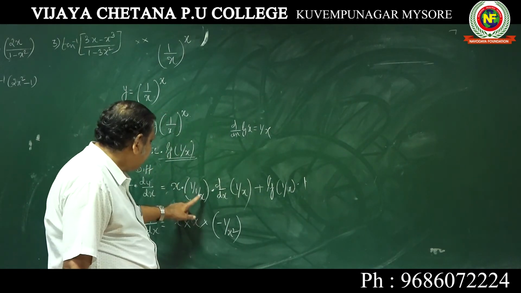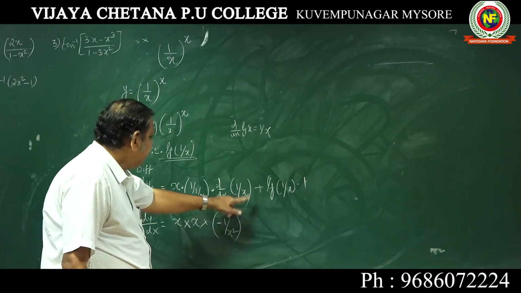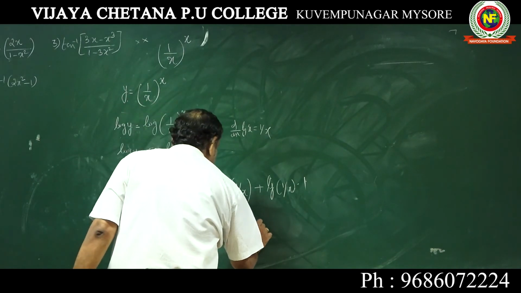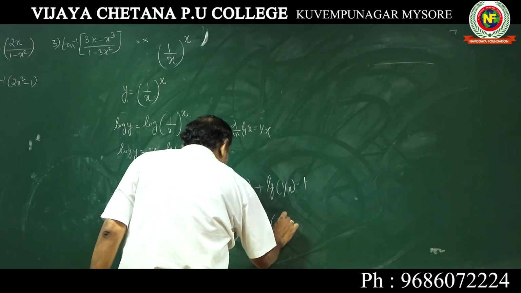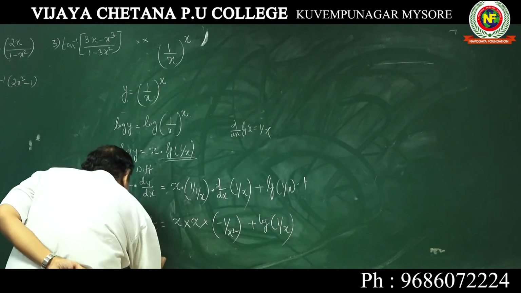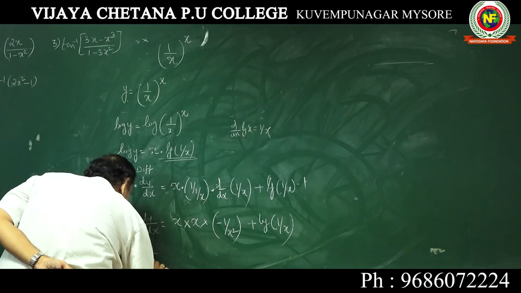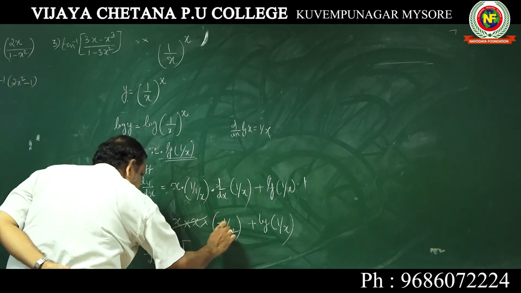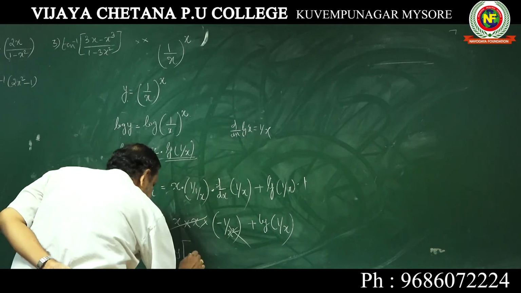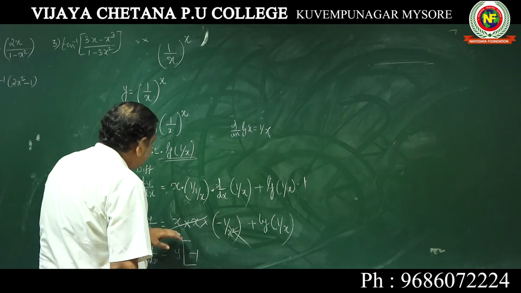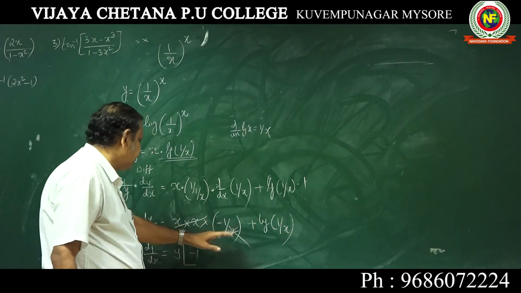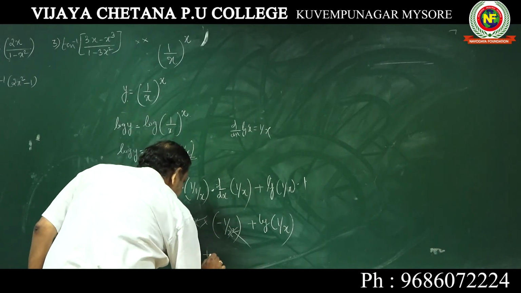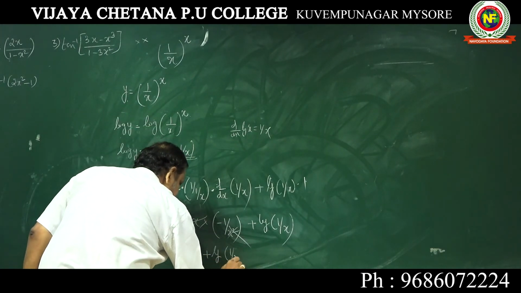Very important here, the x will go up. d by dx of 1 by x, minus 1 by x square, plus log 1 by x. So dy by dx is equal to y into, here x square will go away, only minus 1 is remaining, x into x square minus x square, minus 1 plus log 1 by x.